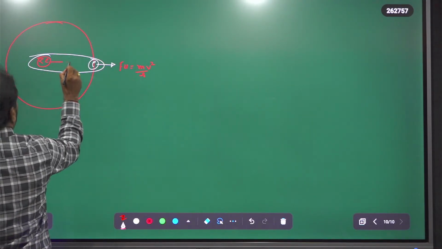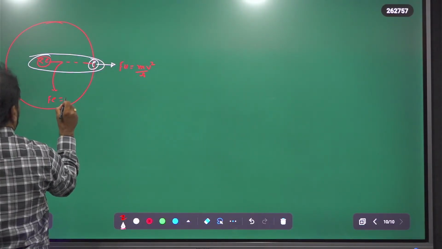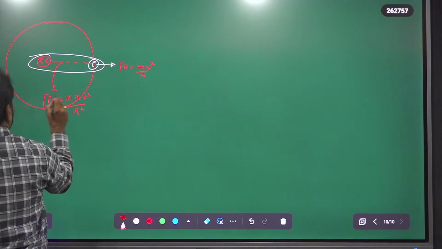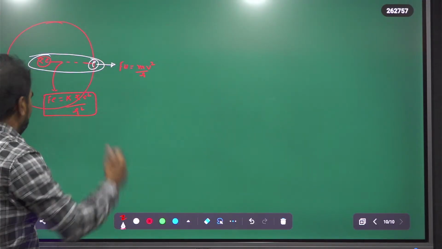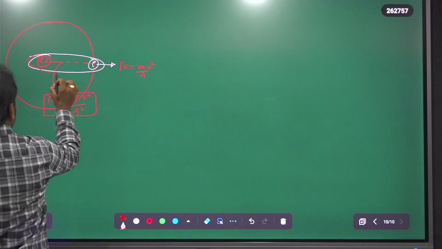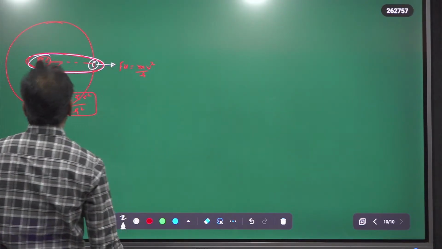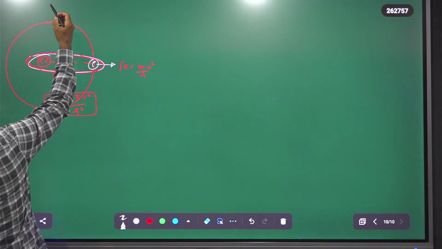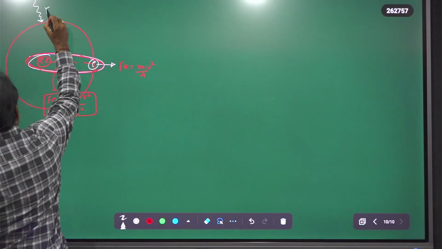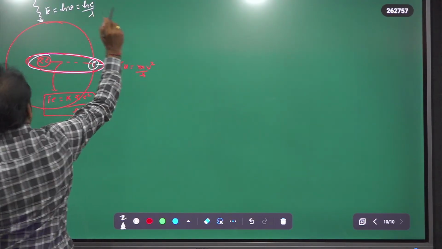Between them, the electrostatic force of attraction Fe is equal to k into Ze square upon r square. This much electrostatic force of interaction is present between them, so a bond is formed between the electron and the nucleus. When monochromatic light of suitable frequency or wavelength is incident on this metal surface, the energy is E is equal to h nu, that is equal to hc upon lambda.